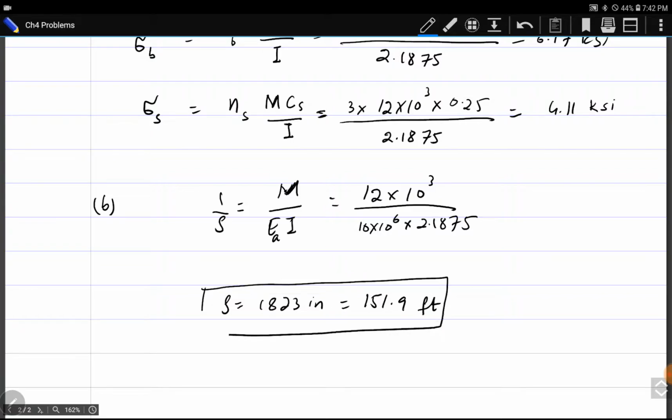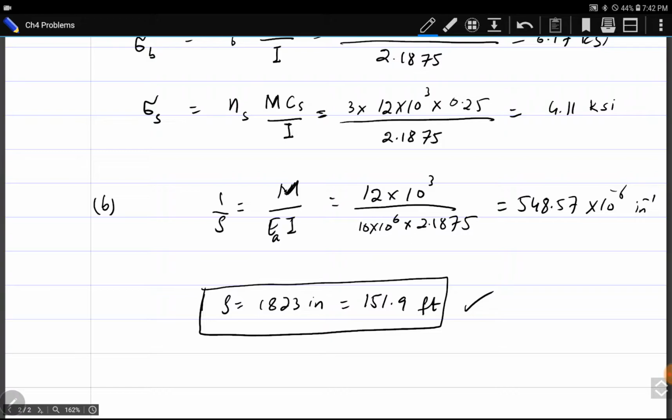We were asked to find radius of curvature, so we have calculated rho. If we were asked to find curvature only, it would be 1 over rho. It is 548.57 into 10 power minus 6 per inch. But radius of curvature was asked.